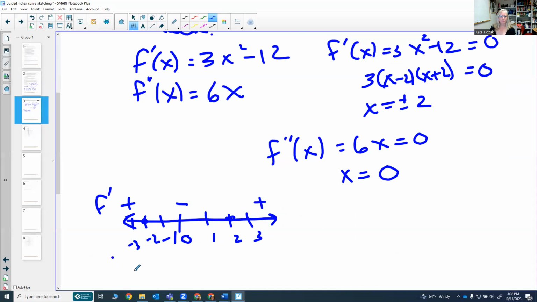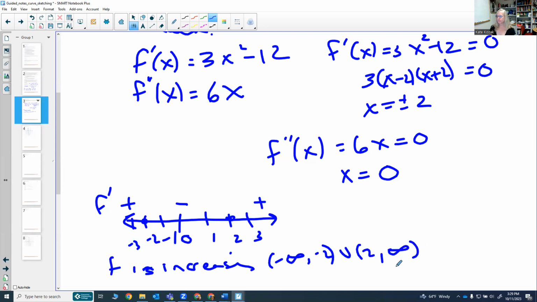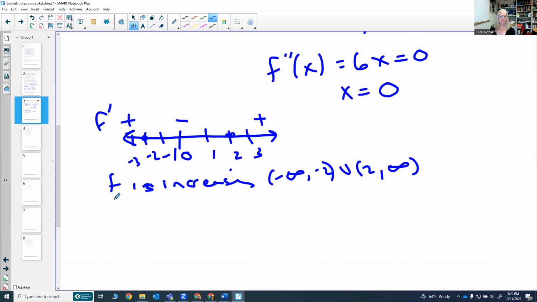So f is increasing from negative infinity to negative 2, union 2 to infinity, and is decreasing from negative 2 to 2.